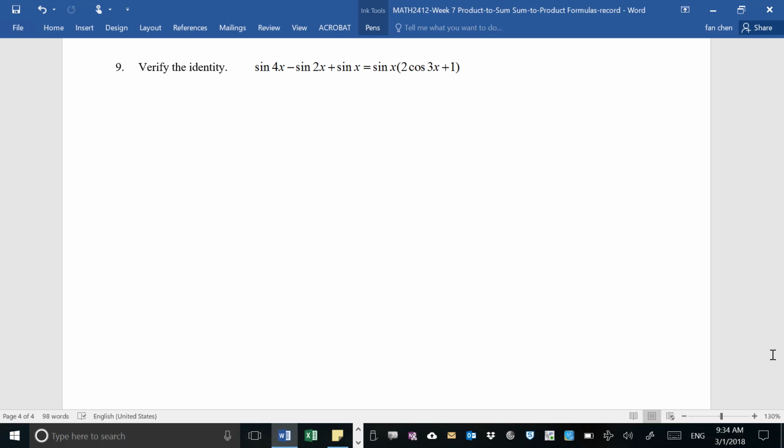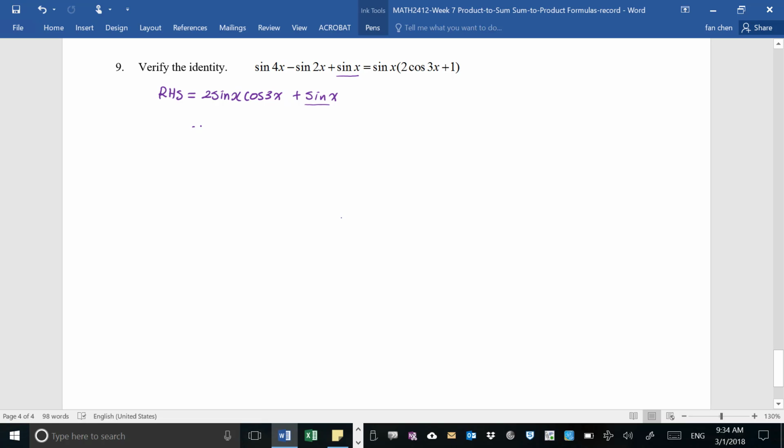If I do it from right to left this time, that's equal to 2 sine x cosine 3x, just distributing the sine x inside, plus sine x. And I would like to keep this sine x. I'm not going to do anything about that.